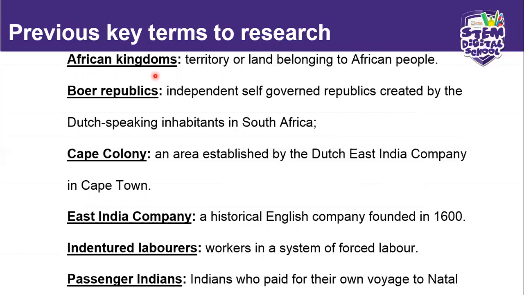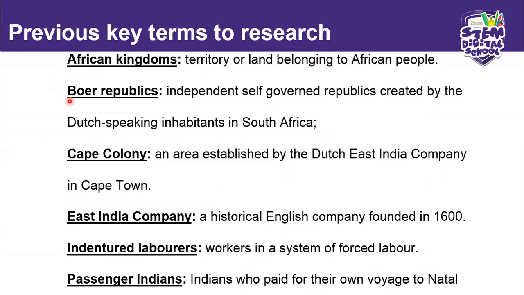What are African kingdoms? These are a territory or land belonging to African people. So it was the land that belonged to African people. They were called African kingdoms.